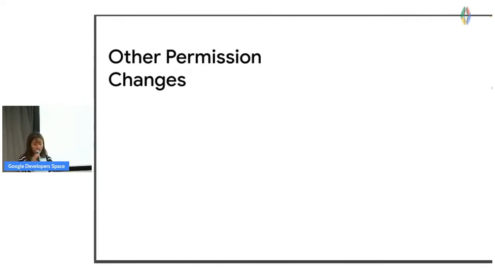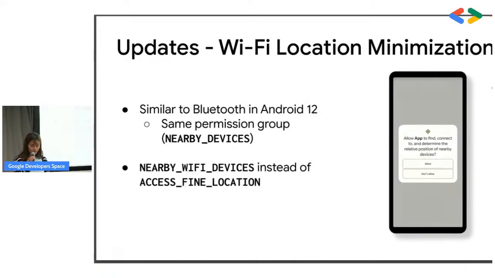So what about the other permission changes? If you are targeting Android 13, access fine location is no longer supported for Wi-Fi scanning. Instead, you can use the nearby Wi-Fi devices permission, which is in the same permission group as nearby devices. Google protects the user by location minimization, instead of getting the exact location.